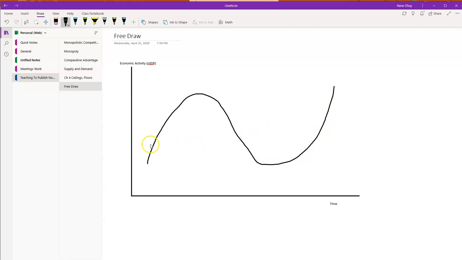Every time we are on the increasing portion of the cycle, we call that an expansion.